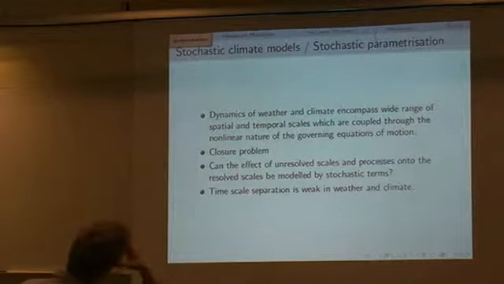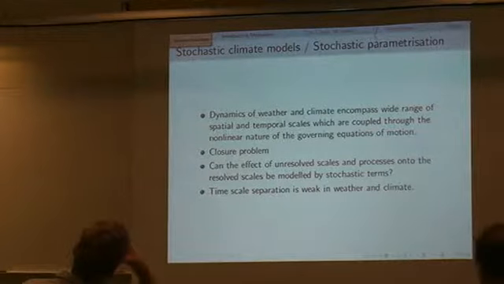That's a challenge. How to account for unresolved scales? Because we are never able to resolve all the scales. Any computer model has some cutoff, some truncation level, neglected scales, and then we have to account for these neglected scales somehow. This is known as the closure problem.